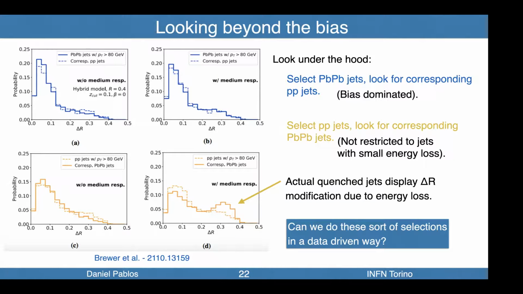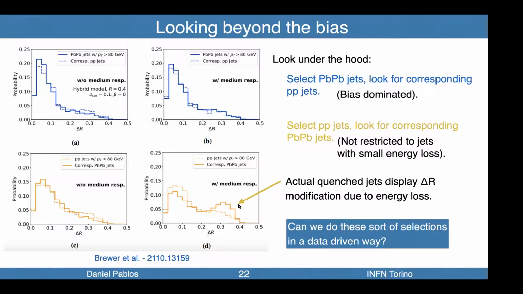If you look at the modification of the groomed radius of the jets that you measure, you will see that they have barely been modified with respect to their initial configuration. Essentially, what you have is a bias towards jets that lost the least energy because of the steeply falling spectrum.